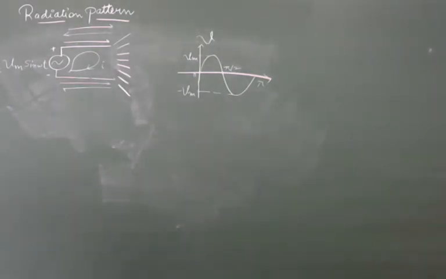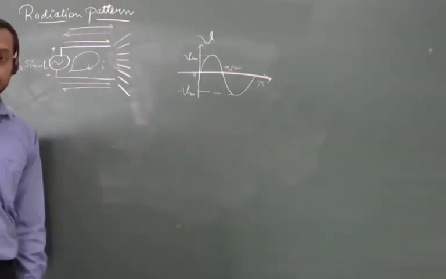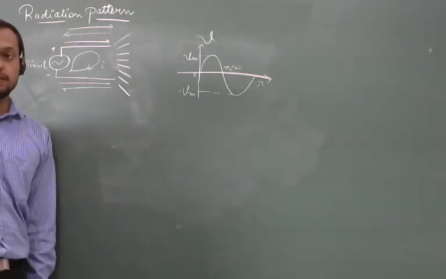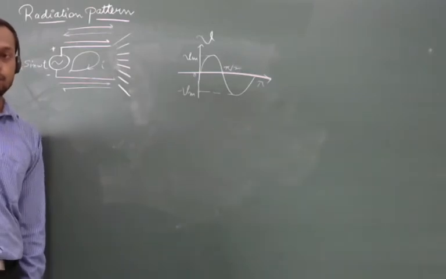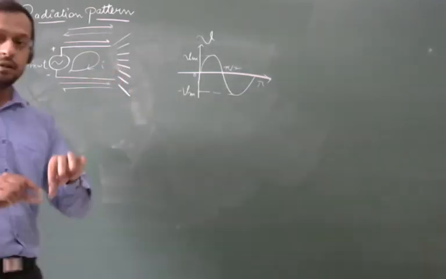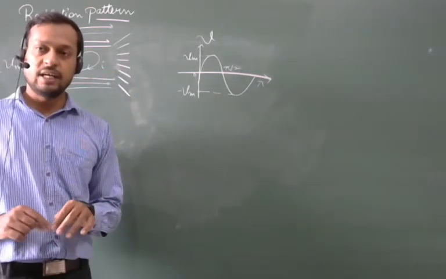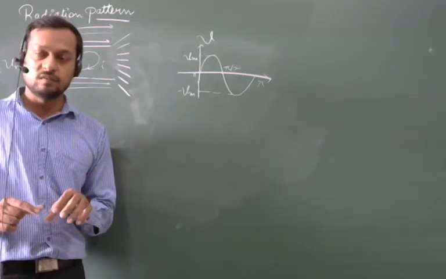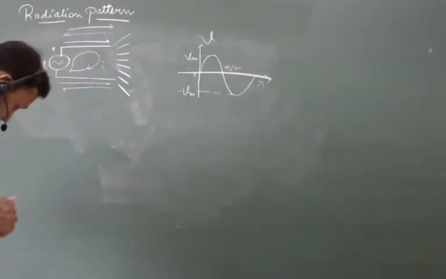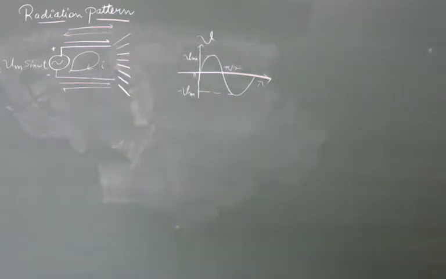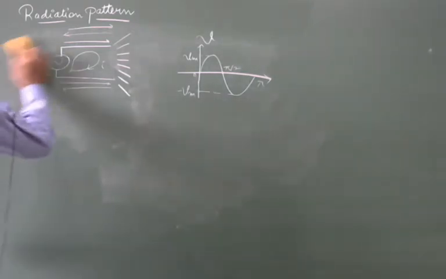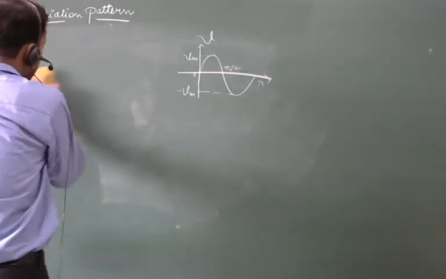But this radiation is not very efficient. So we have to bend this wire by 90 degrees, bend the upper and lower parts of the wire. So let us see what happens when we bend the wire 90 degrees.